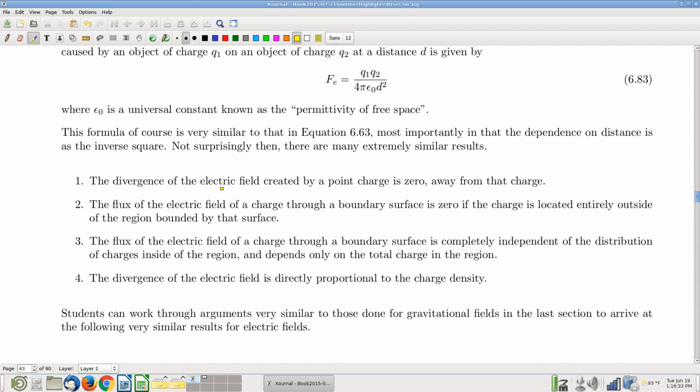If you look at the electric field created by a point charge, the divergence is 0. That's morally equivalent calculation. It's really the same calculation with a different constant that gets multiplied by 0. Flux of an electric field, if the charge is outside of the surface, is 0.